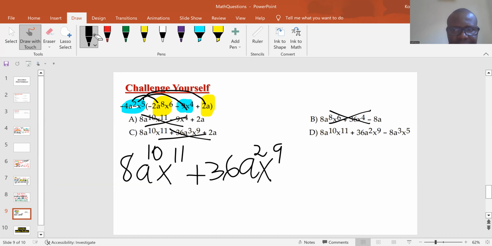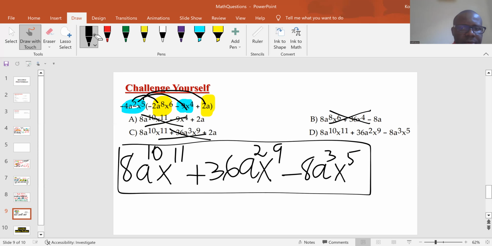So we're going to get negative. Why negative? Because negative 4 multiplied by positive 2 is negative 8. A squared multiplied by a turns to a to the 3rd power. x to the 5th power multiplied by, okay, there is no x there, so we keep that x to the 5th power. And yes, that confirms our answer for D.